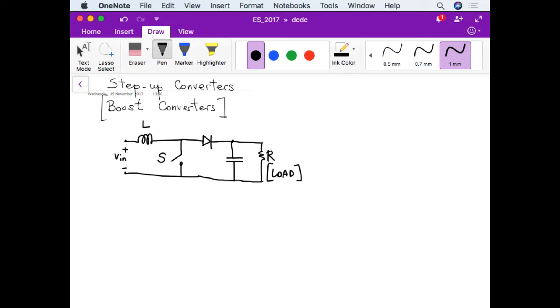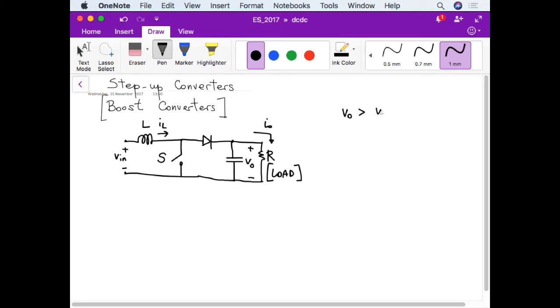The load is not really a resistance, it's just the simplest possible load. Okay. The voltage on the output is VO, and the current is IO. The current in the inductor is IL. So we have that VO is larger than V in.